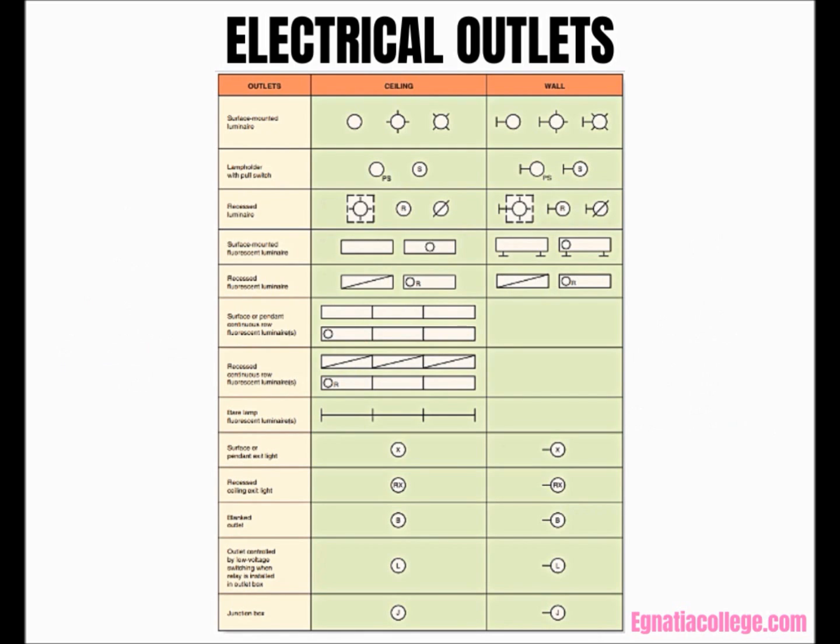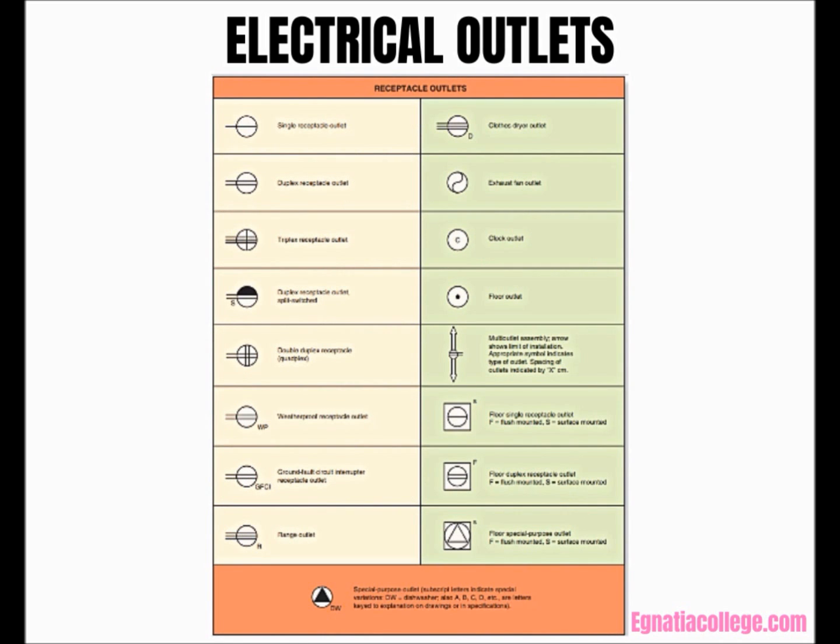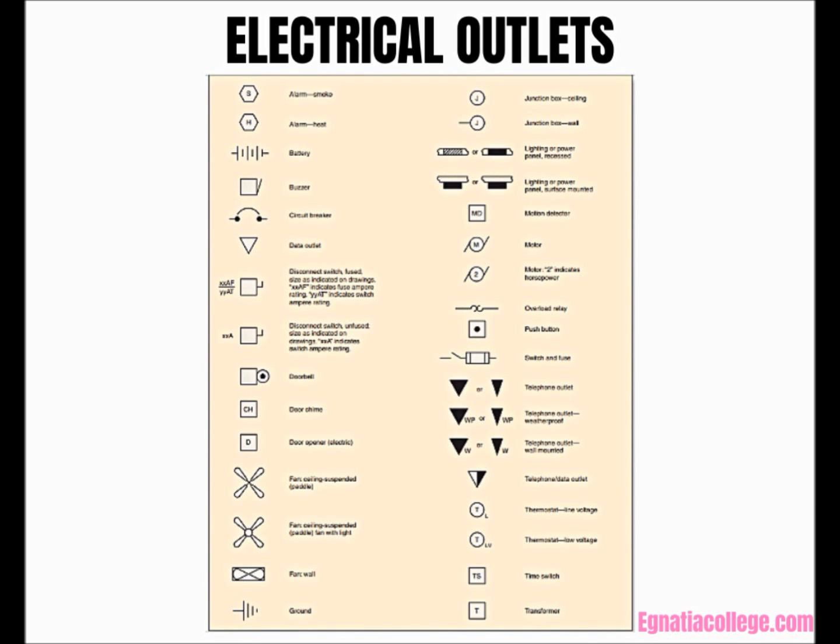This figure shows symbols for different types of lighting outlets, like lamp holder with pull switch, recessed luminaire, surface-mounted luminaire, etc. This figure shows symbols for receptacle outlets, like single receptacle outlet, duplex receptacle outlet, triplex receptacle outlet, etc. This figure shows miscellaneous symbols, like alarm smoke, alarm heat, battery, buzzer, etc.